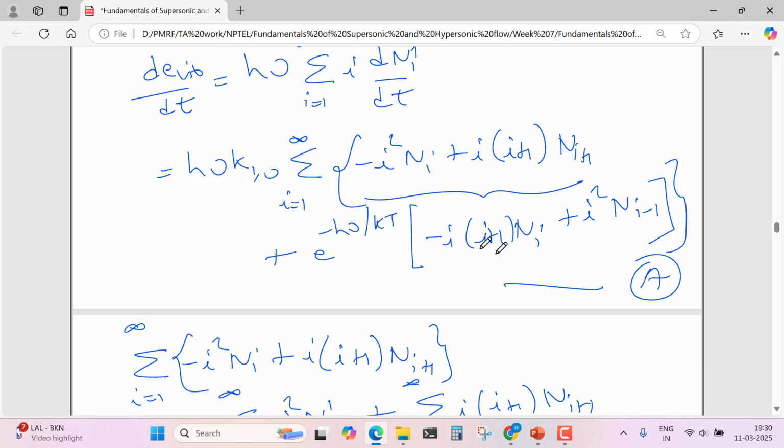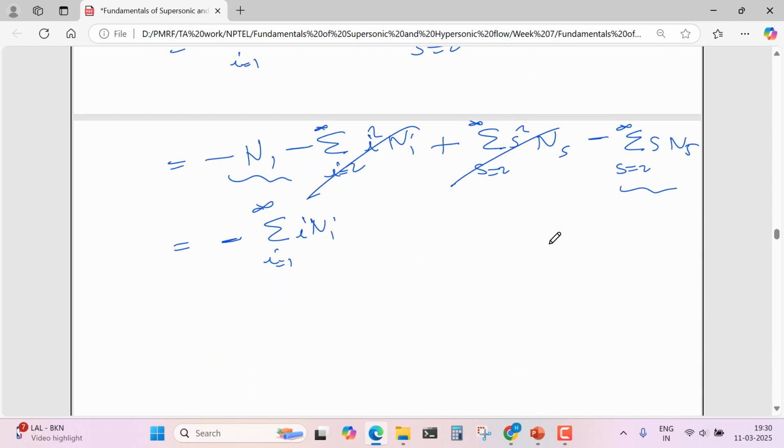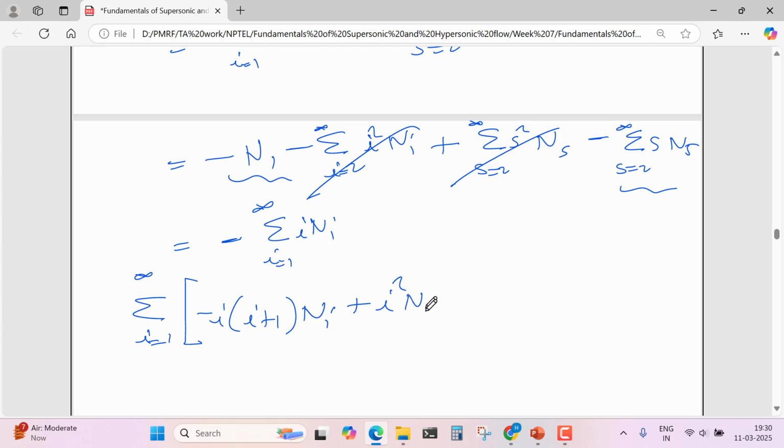If we take the summation of these, then this term is common, so it will be taken outside. So we will take the summation of these terms, which is sigma i equal to 1 to infinity minus (i plus 1) n_i plus i square n_{i-1}.